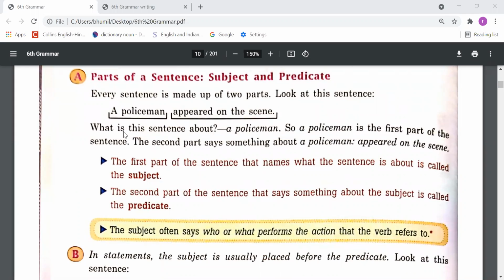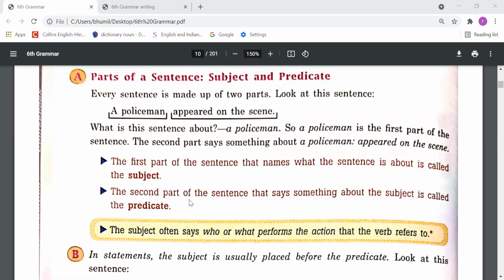A policeman. So "a policeman" is the first part of the sentence. The second part says something about the policeman: "appeared on the scene," right? The first part of the sentence that names what the sentence is about is called the subject.